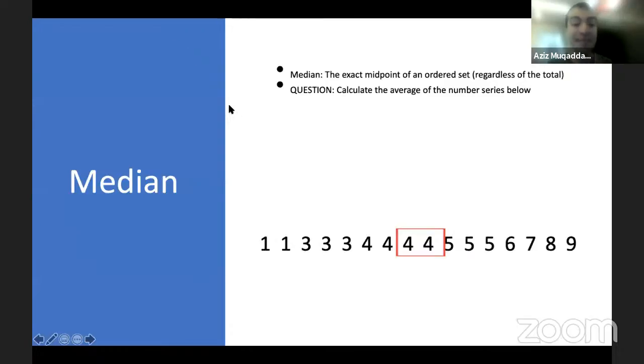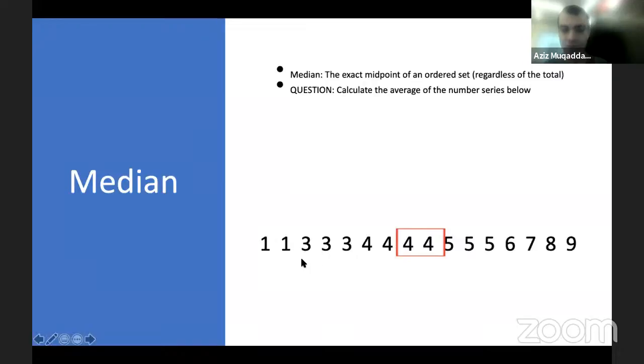Then we have the median, which is different. For the median, you don't have to actually calculate the total. The median is the exact midpoint in a sample, regardless of what the highest and lowest values are.